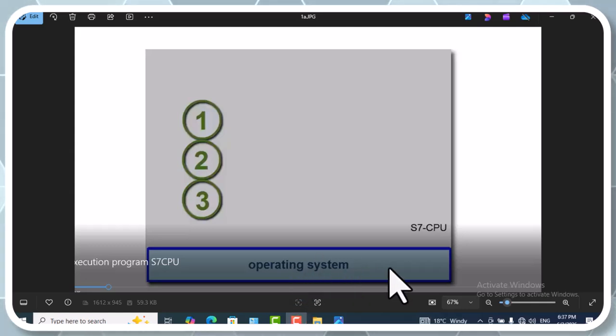So my friends, every PLC has an operating system, which plays a role between the PLC OB blocks and the PLC outputs and inputs. I mean that the operating system in a PLC is a layer between the hardware and the user program.